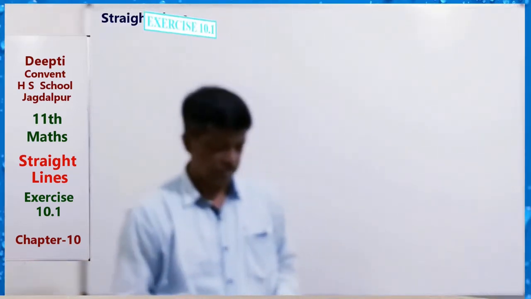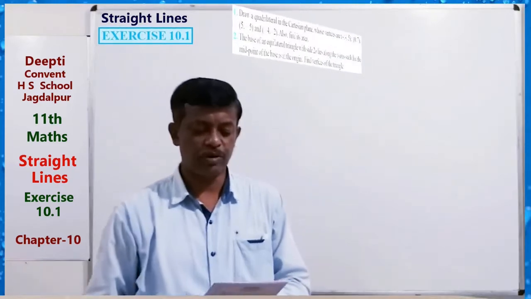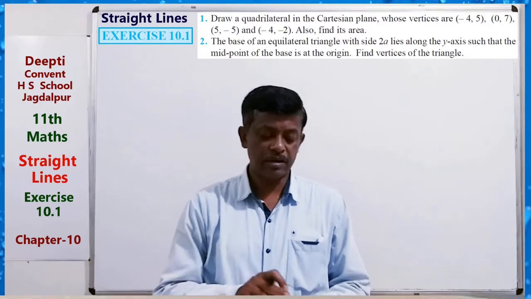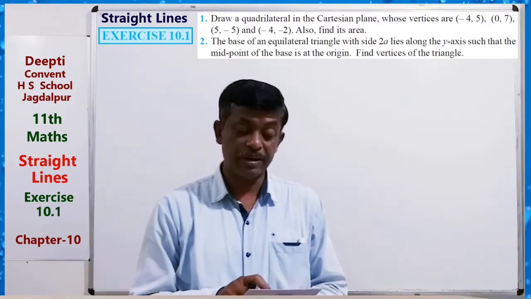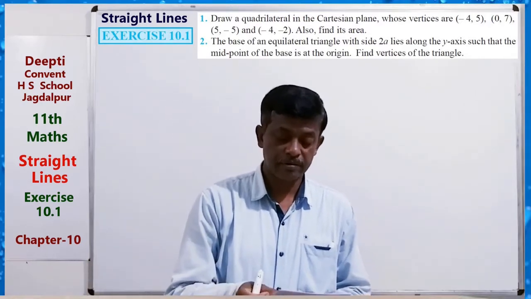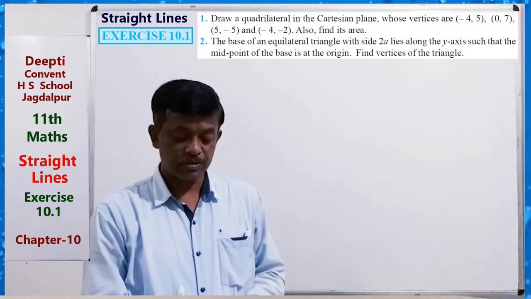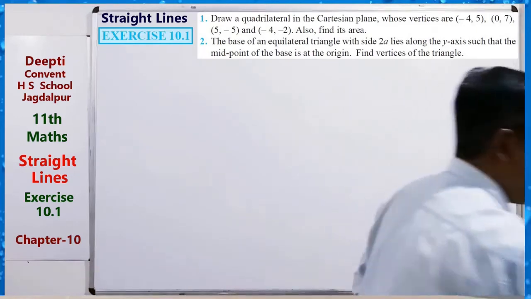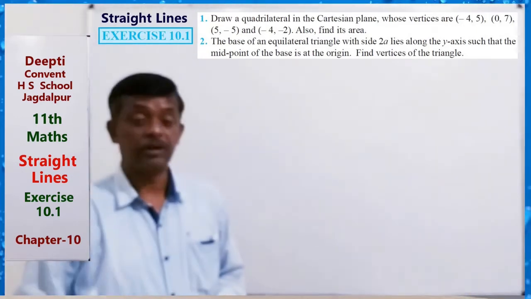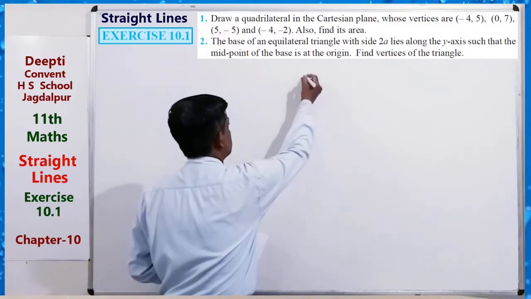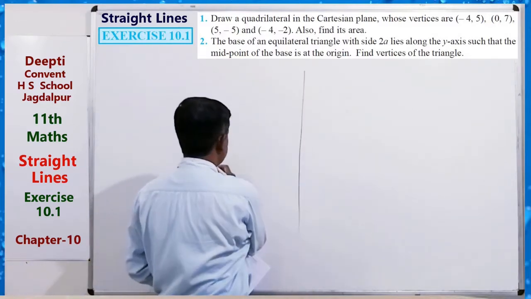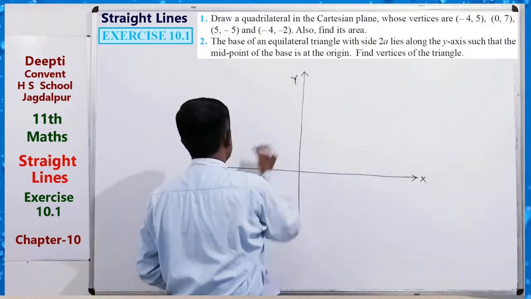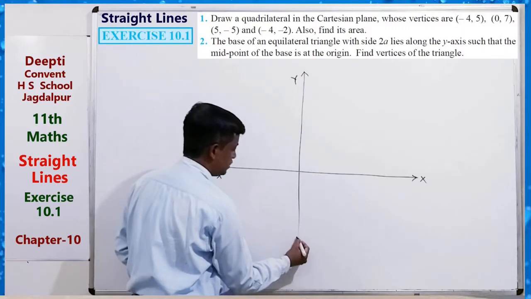Question 1 from exercise 10.1. Draw a quadrilateral in the Cartesian plane whose vertices are (-4, 5), (0, 7), (5, -5), (-4, -2), and find its area. So we just have to draw a quadrilateral in the coordinate plane, with the x-axis, y-axis, x dash and y dash.